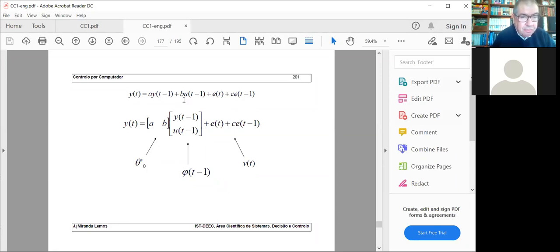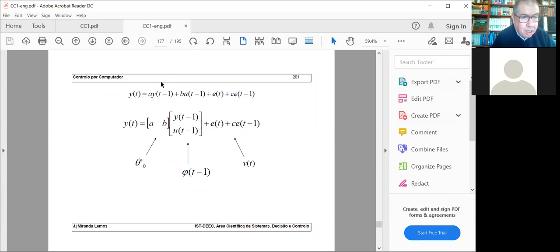The expectation of u of t times u of t minus 1: u is a sequence of independent random variables, so u of t is independent from u of t minus 1. So the expectation of the product is again the product of the expectations. So again, it's 0, because the expectation of u of t is 0.